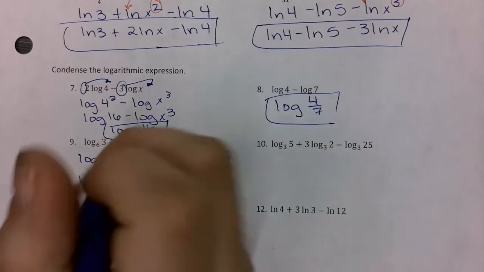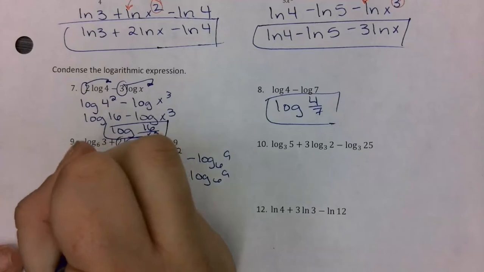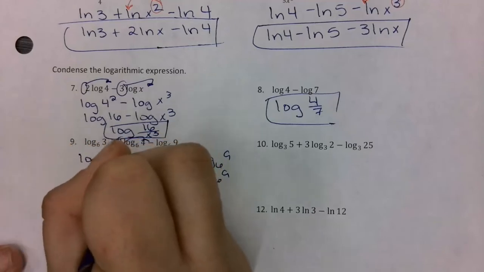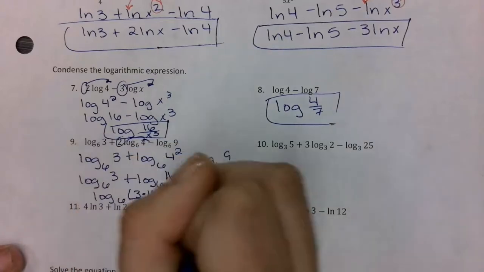Then I want to multiply those numbers that have the plus and divide by the one with the subtract. So I have log base 6, 3 times 16, and this gets divided by 9.